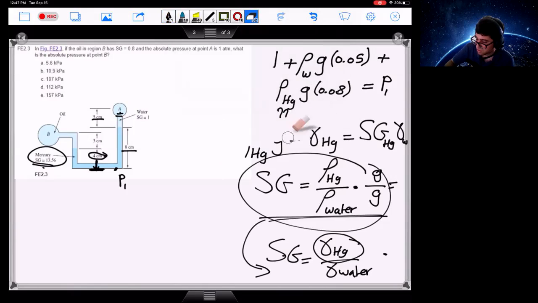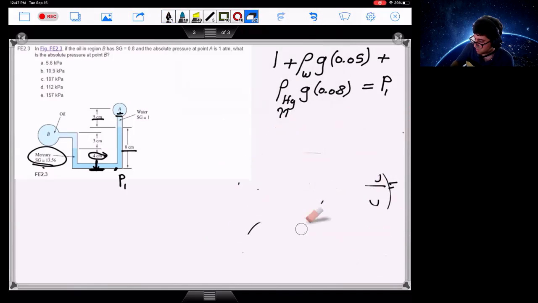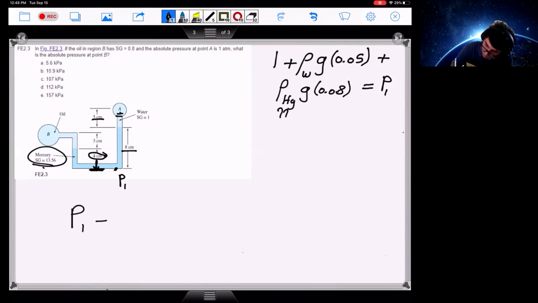Okay, so that's P1. And how would you calculate PB, the pressure at point B, the absolute pressure? You would take P1 that you just found, and then subtract the height of the mercury from it, and then also the oil.